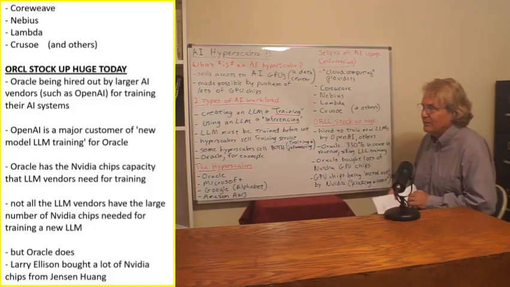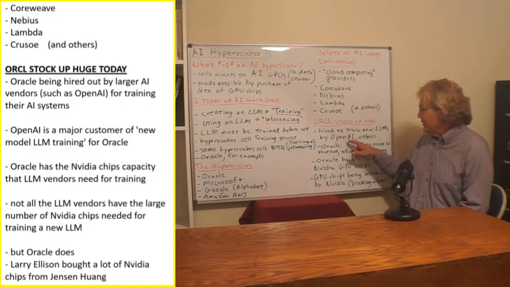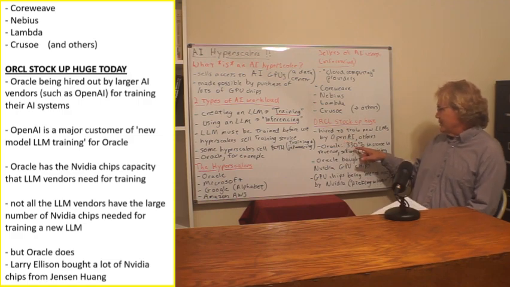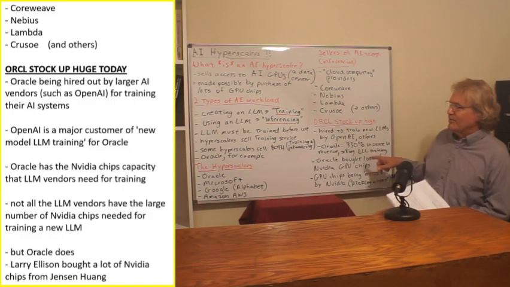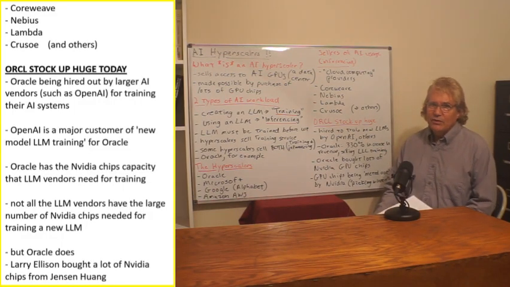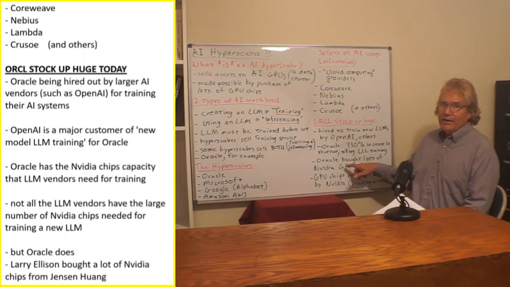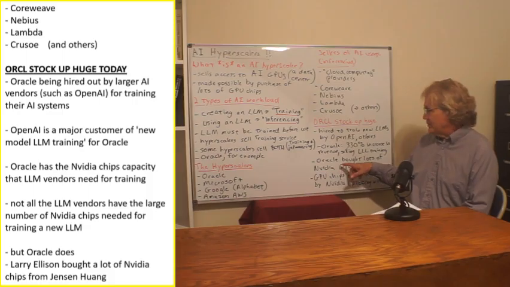OpenAI is sort of one of the godfather companies of artificial intelligence. Sam Altman is the person running OpenAI. Oracle has seen a 330% increase in revenue selling access to artificial intelligence. They've had a huge run-up in the stock in the last couple of days. You've probably heard about that. Larry Ellison has an inside track. He knows Jensen Huang, the guy leading NVIDIA, the company selling all the GPU chips.